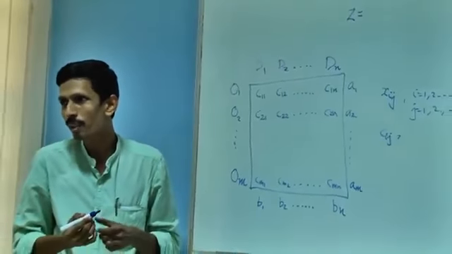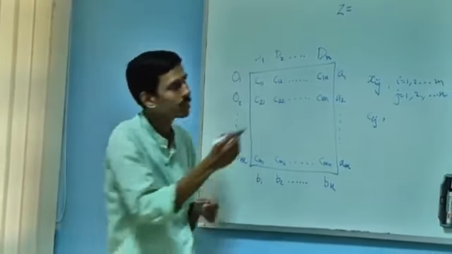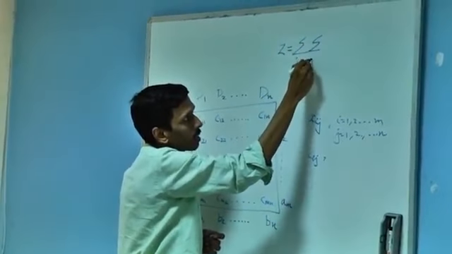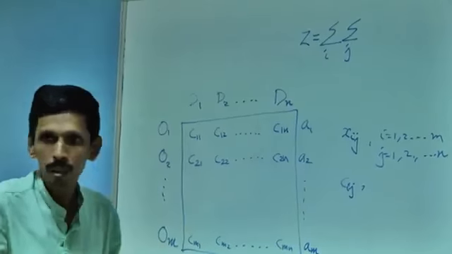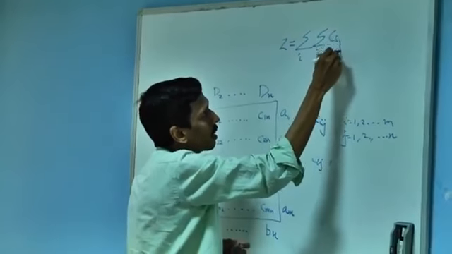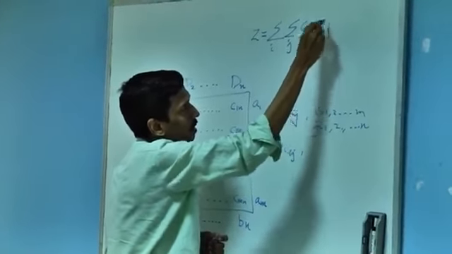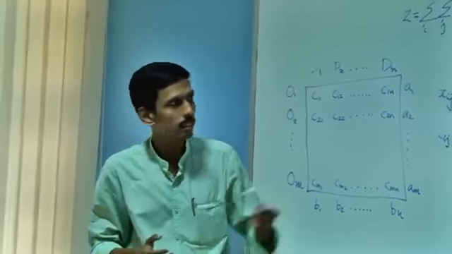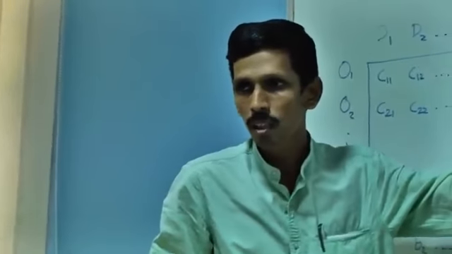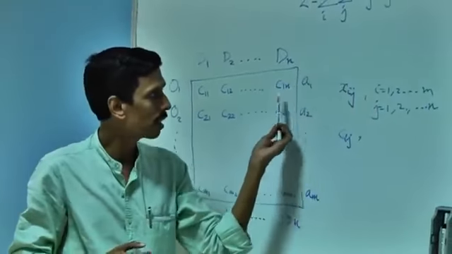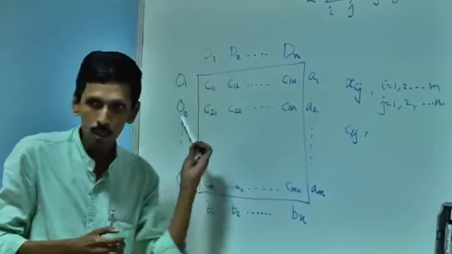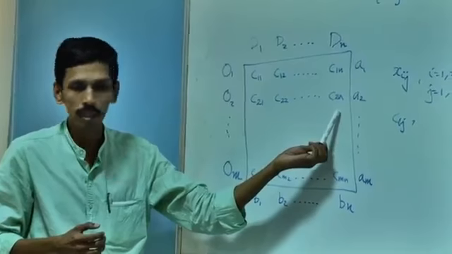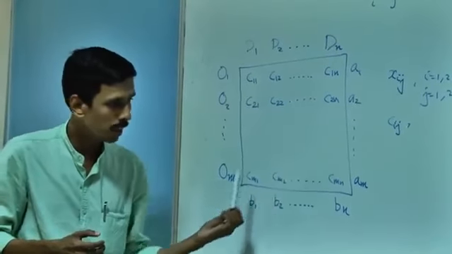Cost function, let us denote it with the usual notation, Z. Z is equal to summation over i, summation over j, Cij Xij. Correct. Summation over i, summation over j, Cij Xij means C11 X11 plus C12 X12 plus etc., C1n X1n, C21 X21 plus C22 X22 plus etc., C2n X2n and so on.